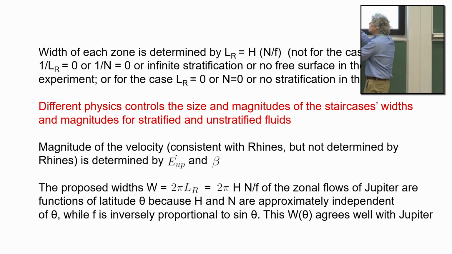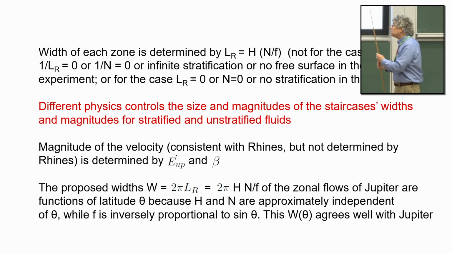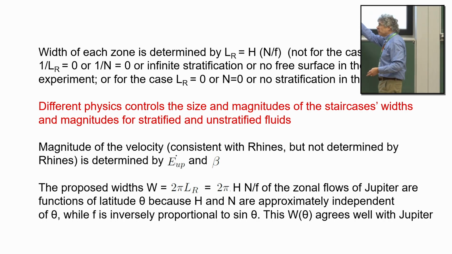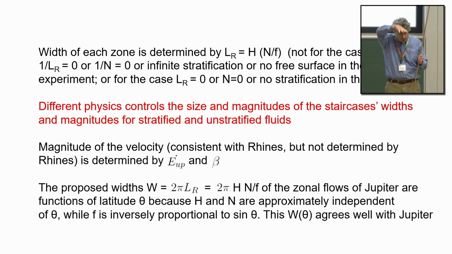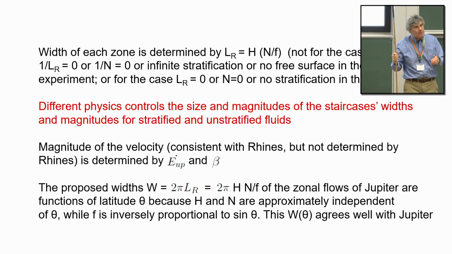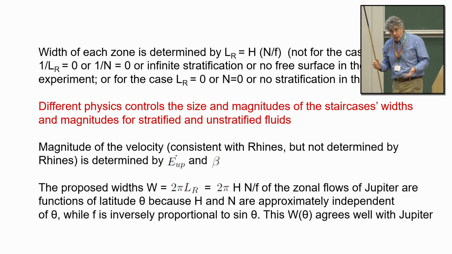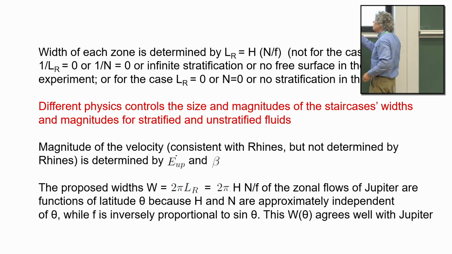The Brunt-Väisälä frequency divided by F, on the other hand, changes. The Brunt-Väisälä frequency depends upon the stratification, the temperature or pressure as a function of height in the atmosphere. And that's pretty close to being a constant number. That's been measured now by Juno, the James Webb Space Telescope, and Hubble, as well as infrared measurements from the ground.